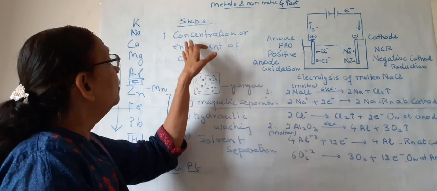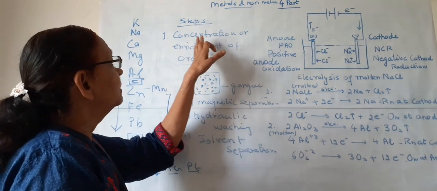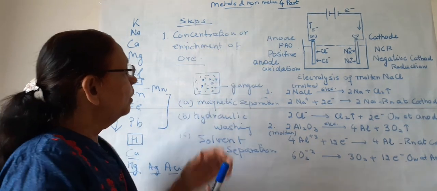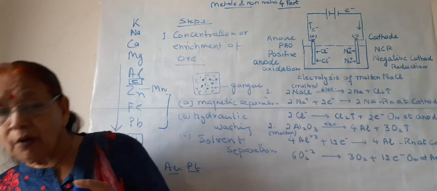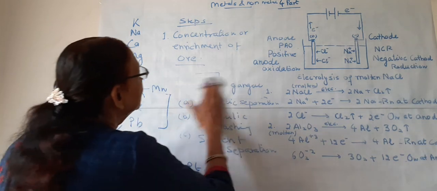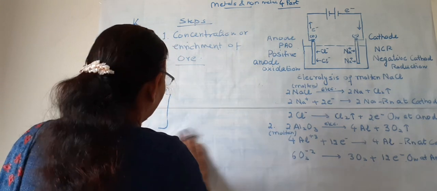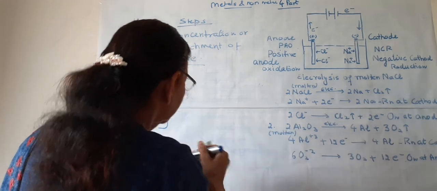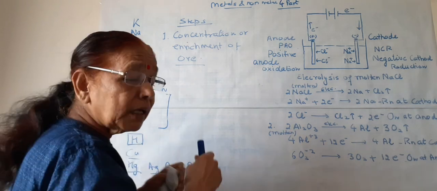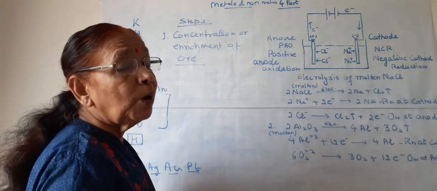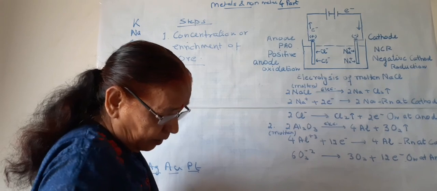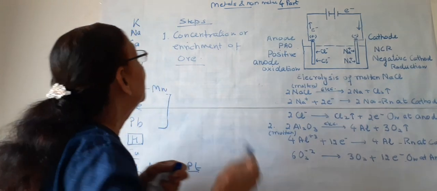So this is how the first step in metallurgy is concentration or enrichment of ore. This is the first step, and these steps are common for all the three categories of extraction of metals.